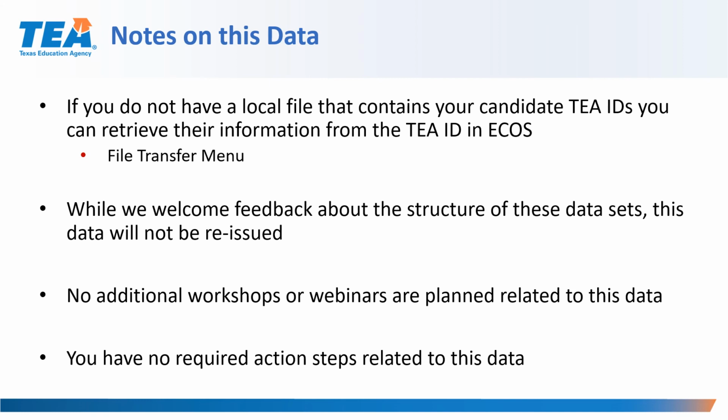If you have suggestions for process improvement, please let us know, and we'll be happy to see about incorporating them into future years. At this time, no additional workshops or webinars are planned related to this data. Further information is included in the ACEP manual. Finally, and this is important, you have no required action steps related to this data. It is provided for informational purposes only.